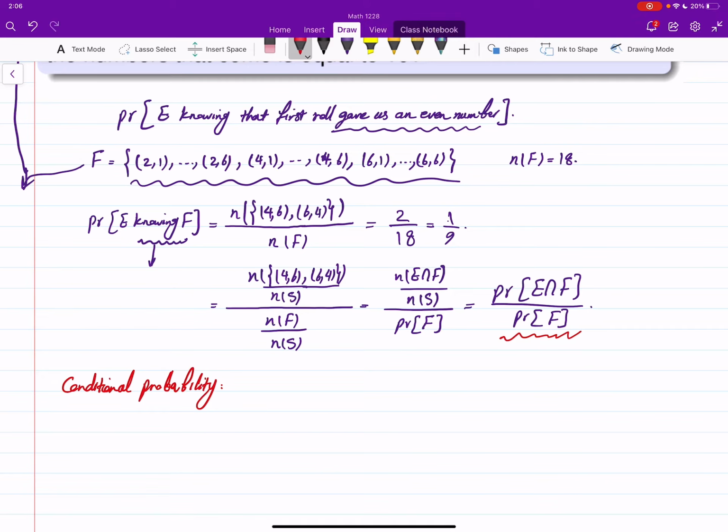Okay. So what is that? Let's assume that E and F are two events from the same sample space.